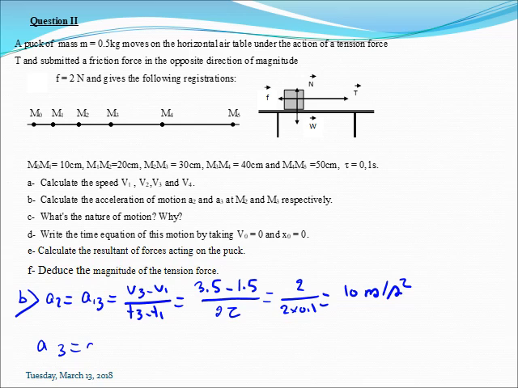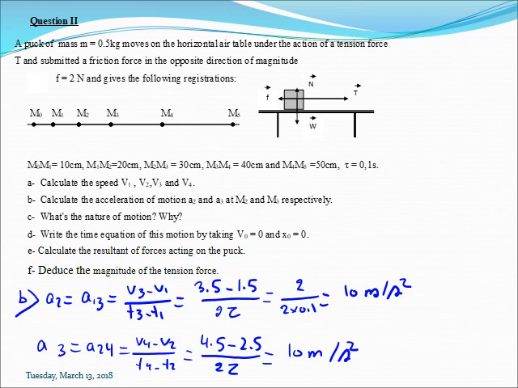A3 equal V4 minus V2 over T4 minus T2 equal 4.5 minus 2.5 over 2 tau equal 10 meter per second square.